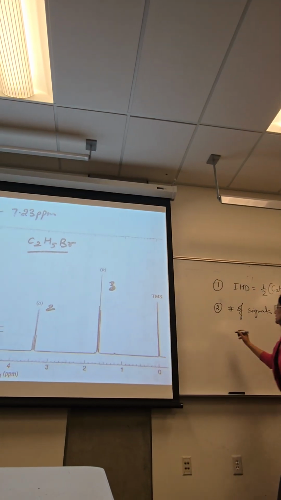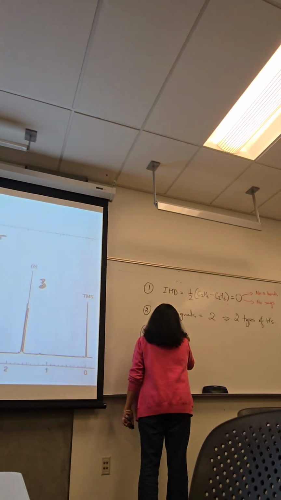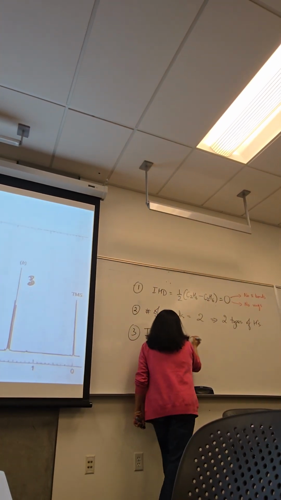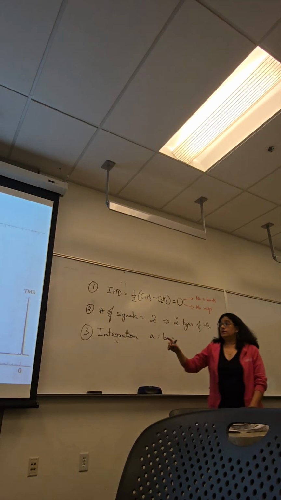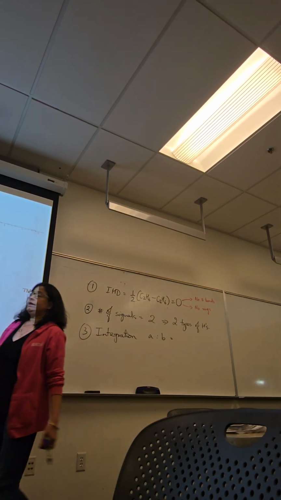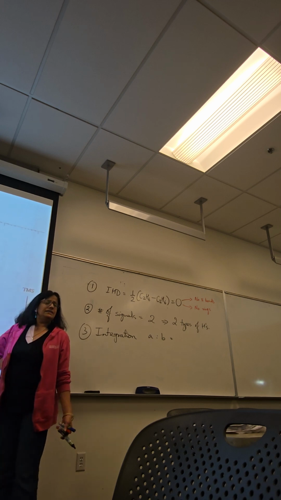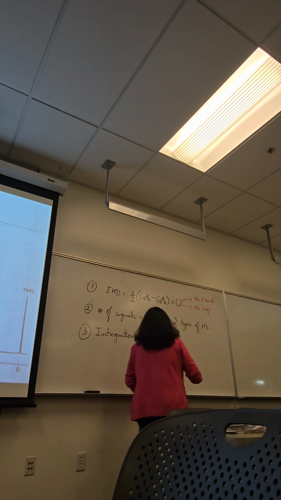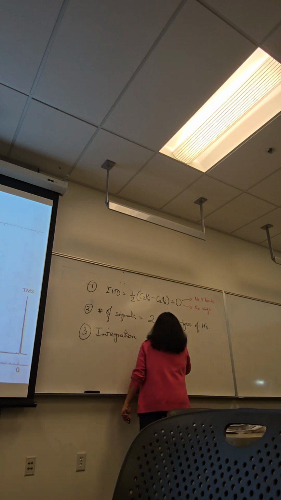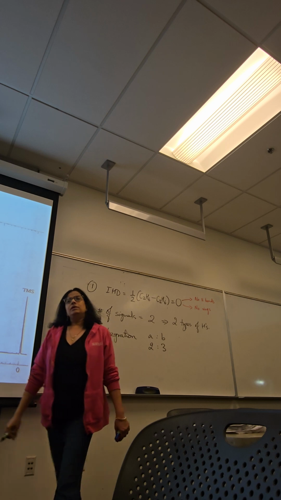So what is the next thing? Integration. If you're looking at integration ratios, what is the integration of A to B? Now I have given you the integration for now, 2 and 3. That's the integration, 2 for A, 3 for B. So, let me write it here. 2 is to 3. Everybody with me?